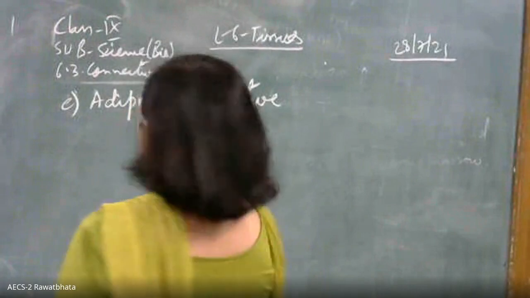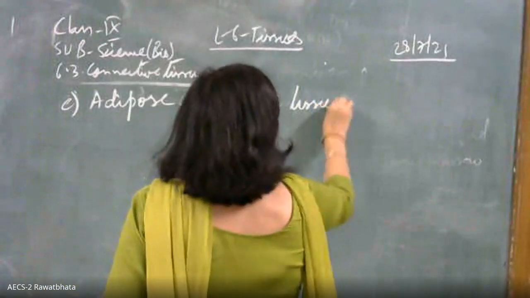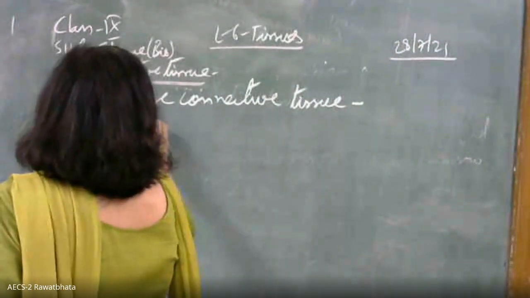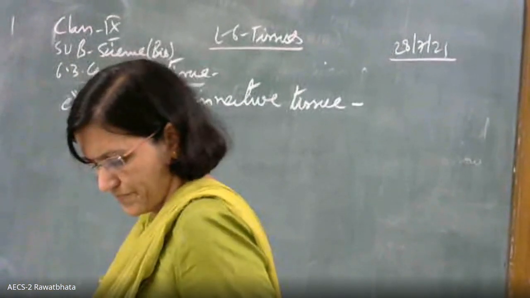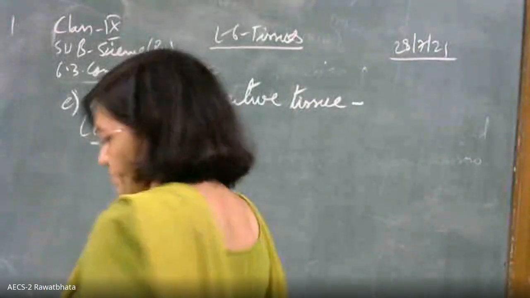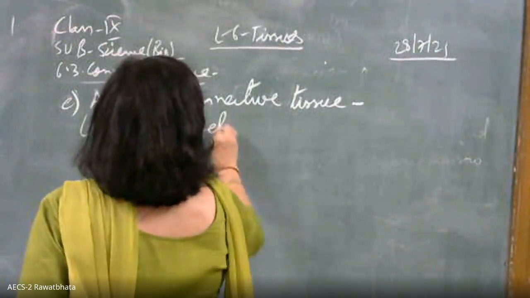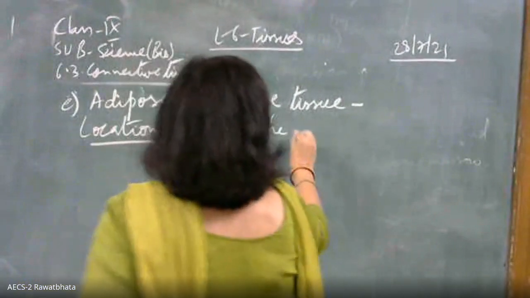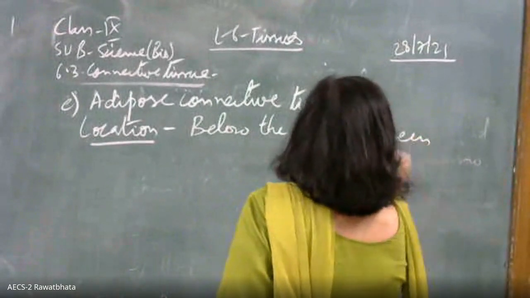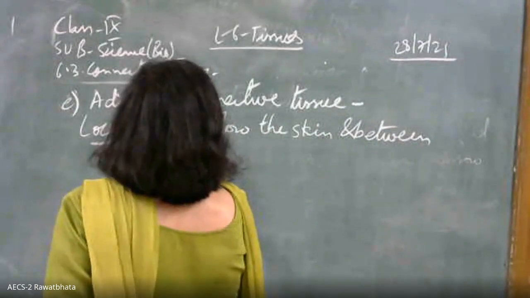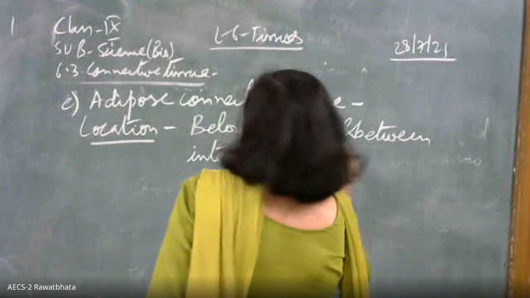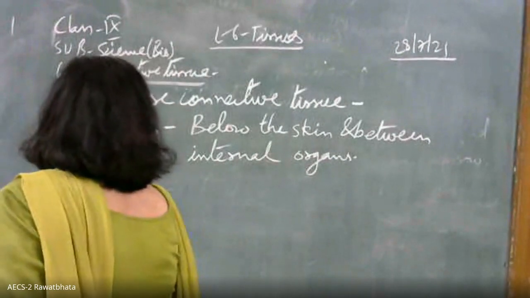Whatever fat we have in our body, it's basically this tissue. So of course, the first thing is its location. Below the skin and between internal organs.